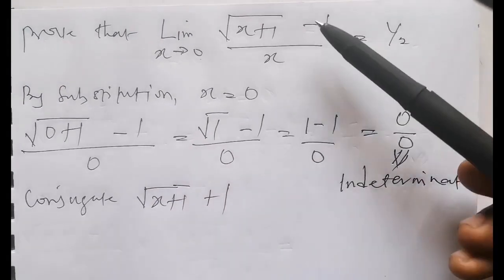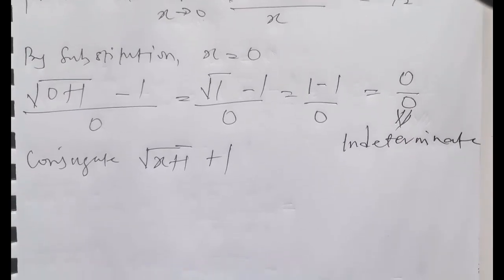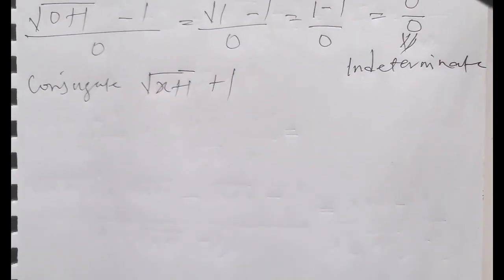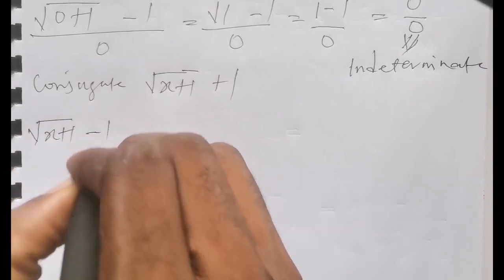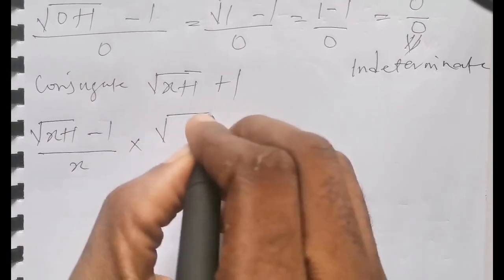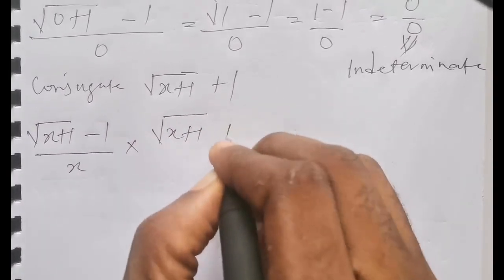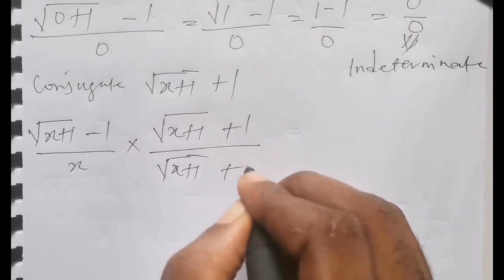So I am multiplying top and bottom by this conjugate. The equation is now root x plus 1 minus 1, all over x, multiplied by square root of x plus 1 plus 1, all over square root of x plus 1 plus 1.